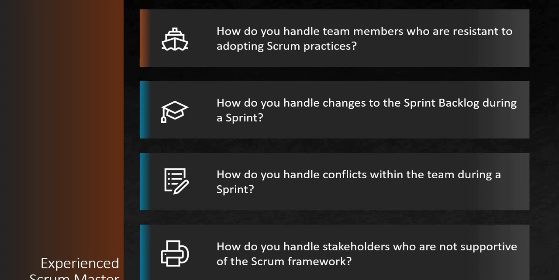How do you handle the team members who are not meeting their commitments in a sprint? I would start by having a conversation with the team members to understand why they are not meeting their commitments. If the issue is due to a lack of understanding, I would provide them with training and resources to help them better understand their role and responsibilities.